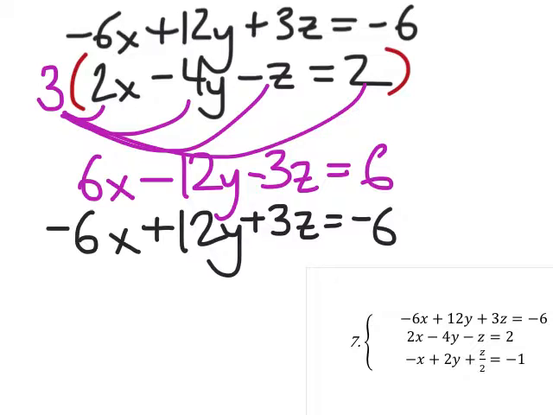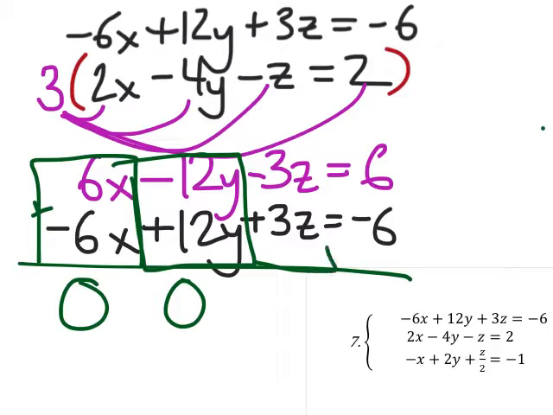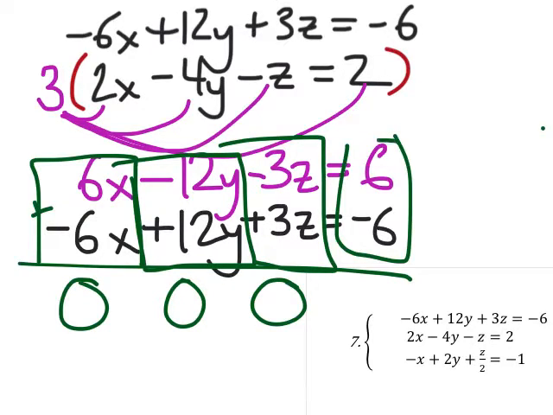Now some of you have already noticed that as soon as we try to add these, 6x minus 6x is 0. Negative 12y plus 12y is a 0. Negative 3z plus 3z is 0. And 6 minus 6 is 0.